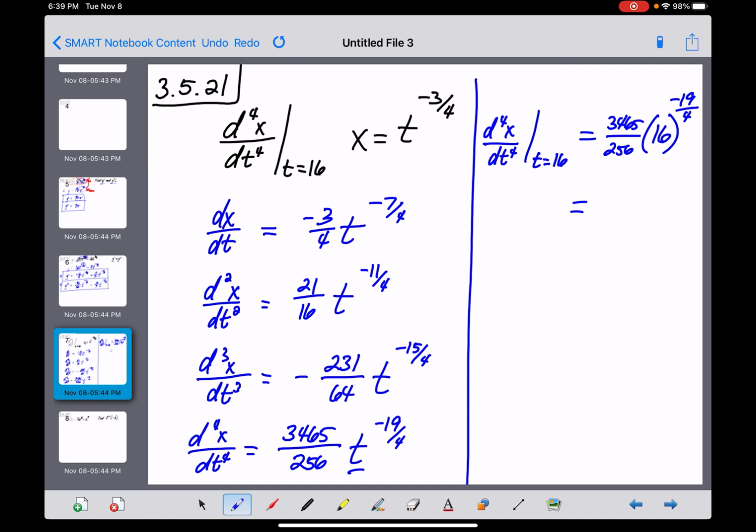So I'm typing in 3465 over 256. I'm going to get out of that fraction and multiply that now by 16 raised to a power of negative 19 over 4. Ooh, I ended up with a really, really small decimal right here, and that does not convert to a fraction. So, boy, that's a weird answer, guys.